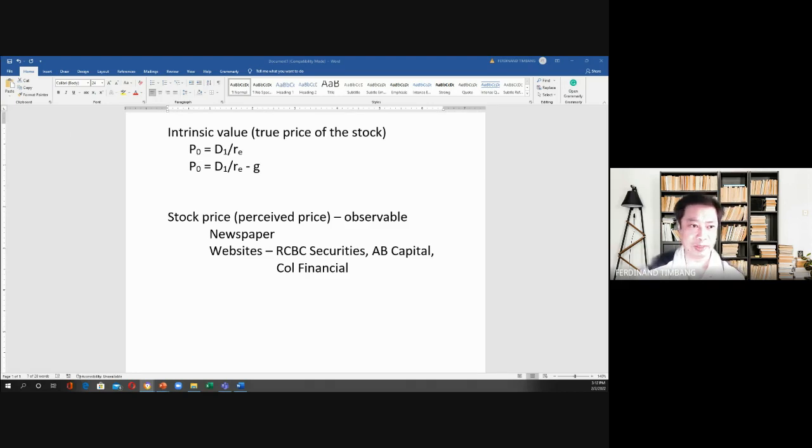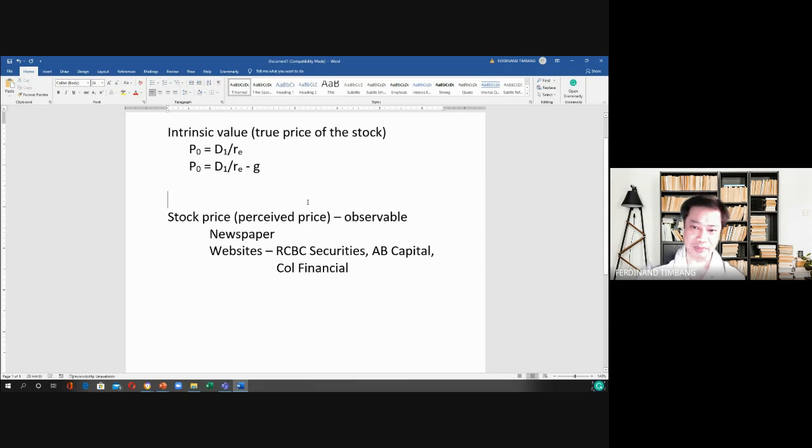We have to look for the true risk, something we have to analyze by using different valuation models. But here in the stock price, we have the perceived risk. Perceived means perception. We look at the perceived price, in perception, and even the risk. There is a perceived risk.